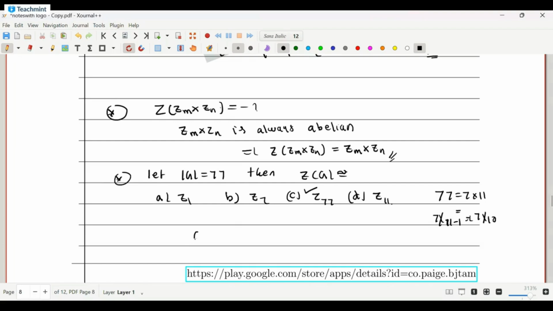So therefore G is cyclic. If G is cyclic, then this G is isomorphic to Z77. Since Z77 is cyclic, and every cyclic group is abelian, Z of G is equal to Z77. Isomorphic.